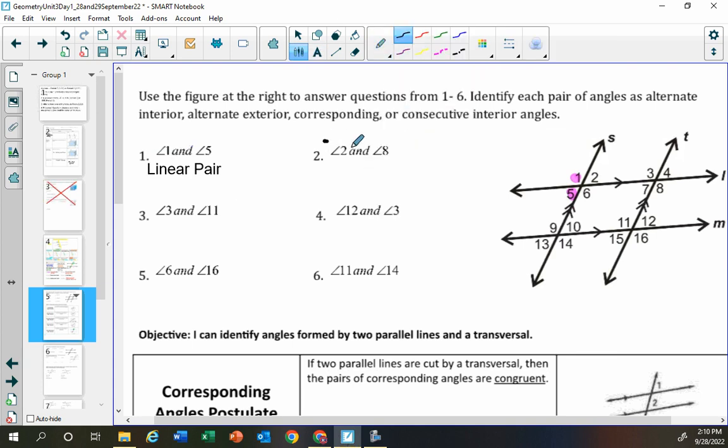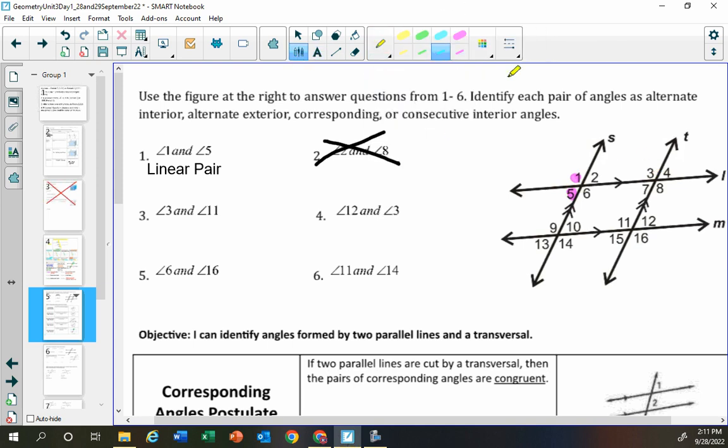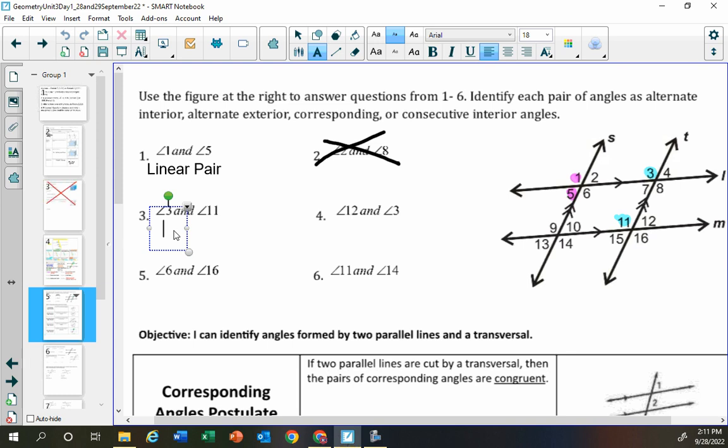Yeah, 2 and 8 was a cross out. 3 and 11 you can do because, similar to before, 3 and 11 are in the same spot, so they are corresponding. Good. Yeah, you can cross out number 4. Don't even bother with 4.